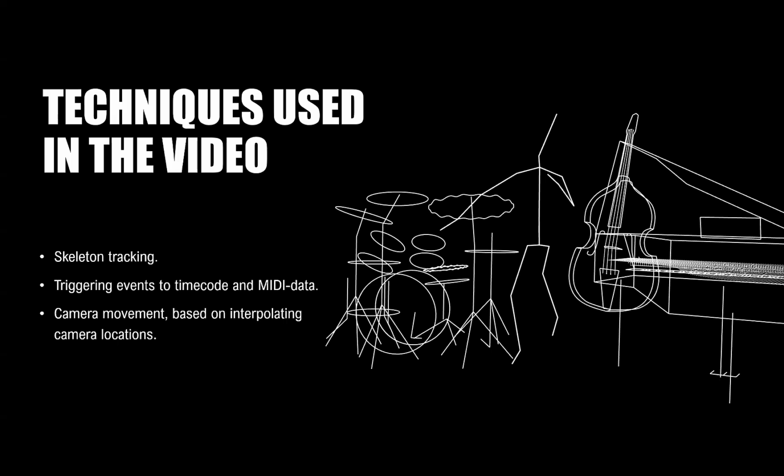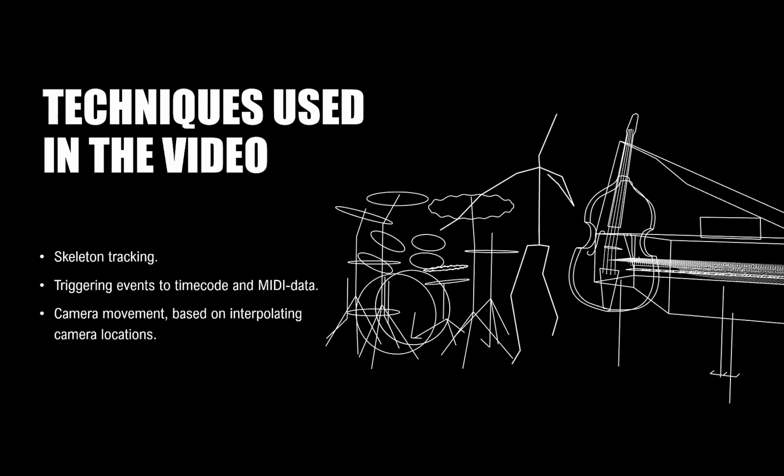And of course, I have to trigger a lot of events here, trigger them to the music. I mean, everything is about timing in this video. So what I use is MIDI data. That's a musical data format, and I will just talk a little bit about it later so that you know what it is about. But basically, the timecode and the MIDI data runs most of it.